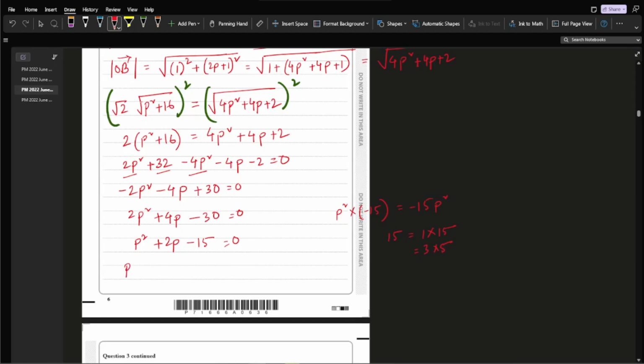Now we are going to write the end terms. We have to break down the middle term into two terms. The end terms have different signs, that means the middle terms will have different signs as well. The first one will have positive, and the second one will have the negative sign. Both of them will have p, and there are going to be two numbers here.